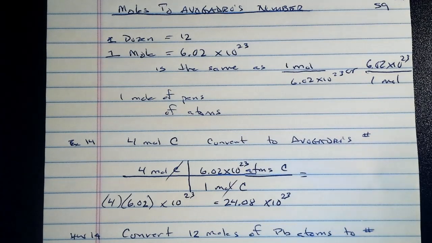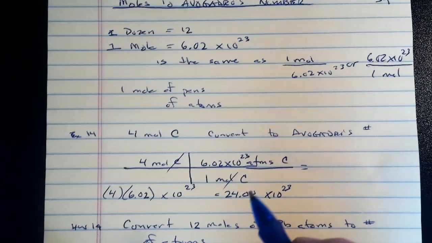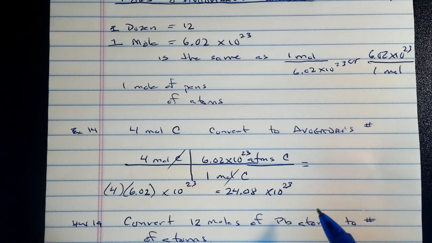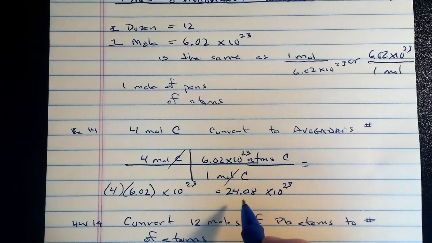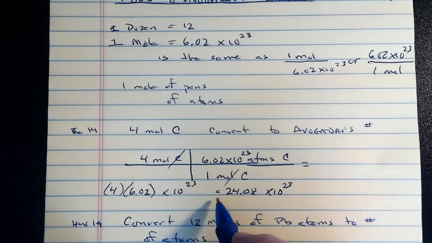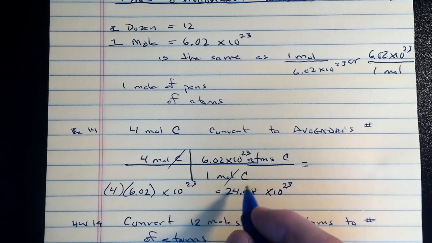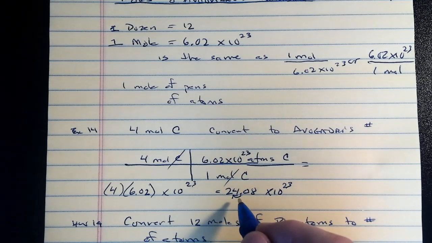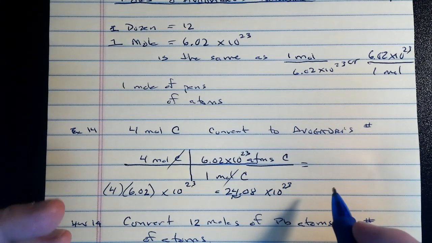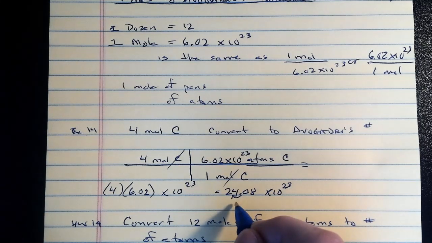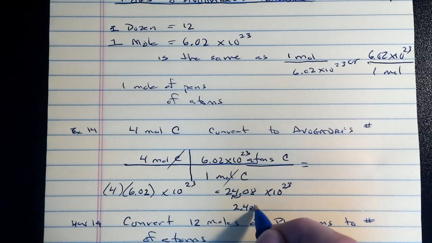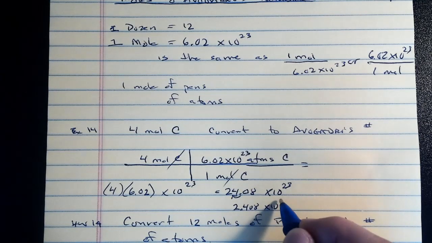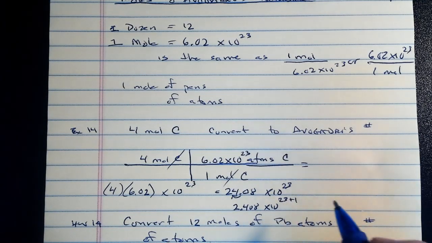Now, since we're dealing in scientific notation, we want to put the final answer in scientific notation. So we're going to move this decimal one place to the left to where we have one number and then a decimal, then the other numbers. So we move it this way to put it there. And because that number is greater than 1, it's a positive power. So the way that I like to do that then is I'm going to put 2.408 times 10 to the 23 plus 1.